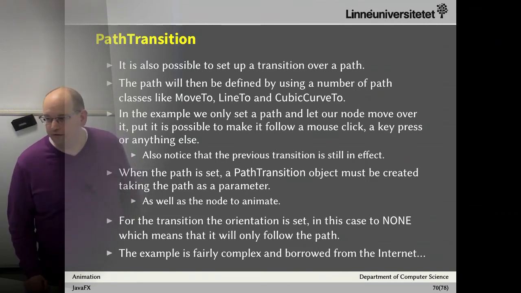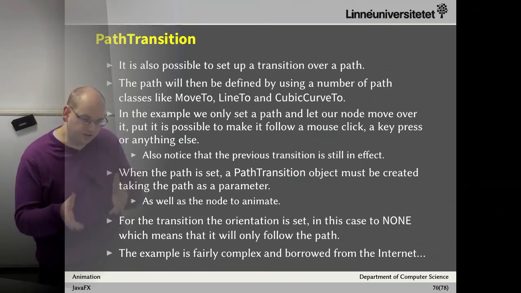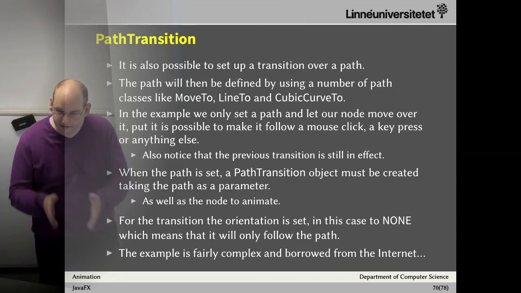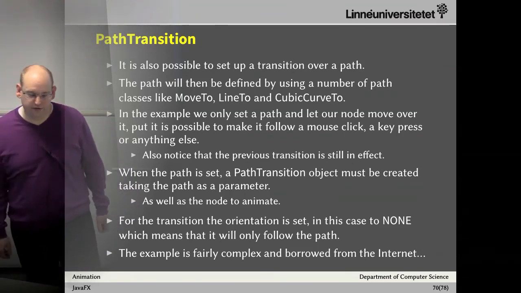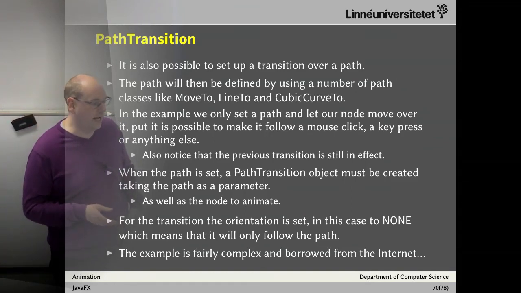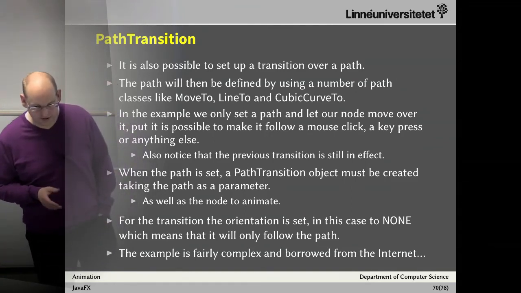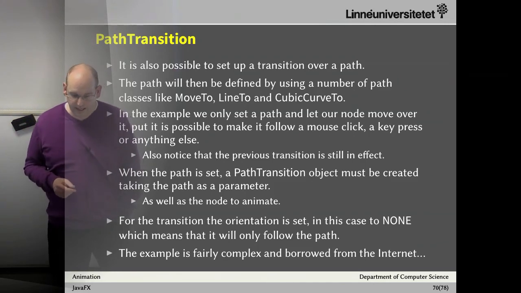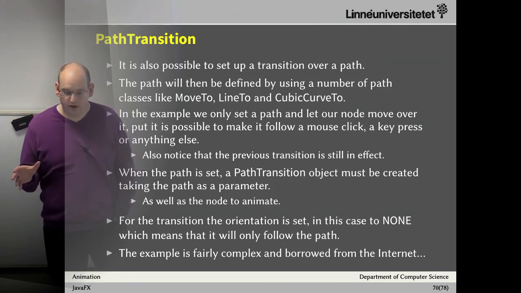All of these transitions are, of course, useful. You just need to find when you are supposed to use it. Another one, which is perhaps a bit more easy to understand why we are supposed to use it, is the path transition. And this transition works like this.